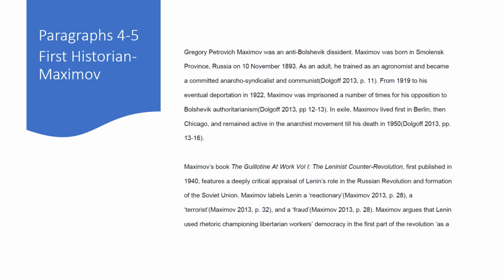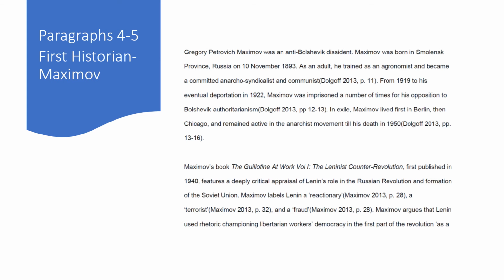So these two paragraphs are about the first historian, and you'll see that in this essay the student spends more time talking about the historian's perspectives on Lenin rather than on the history of Lenin. Okay, so the fourth paragraph is a brief biography of the first historian, whose name is Maximov, and it talks about how Maximov was anti-Lenin.